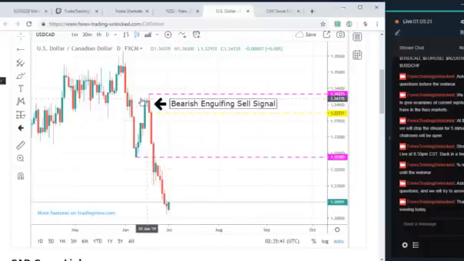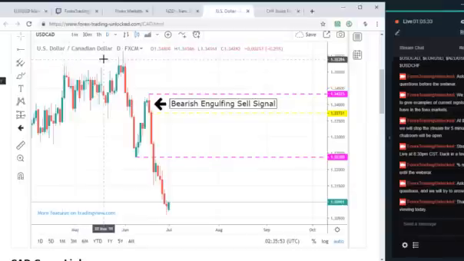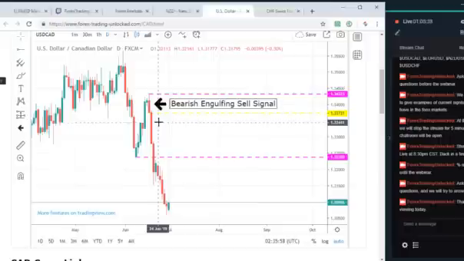And any trader who recognizes these things can capitalize on them. Like I said, you don't have to necessarily be long or short the US dollar Canadian dollar here. You could be in the futures, you could be in the options, and there are also all kinds of other different vehicles in which you could capitalize off of these types of signals.